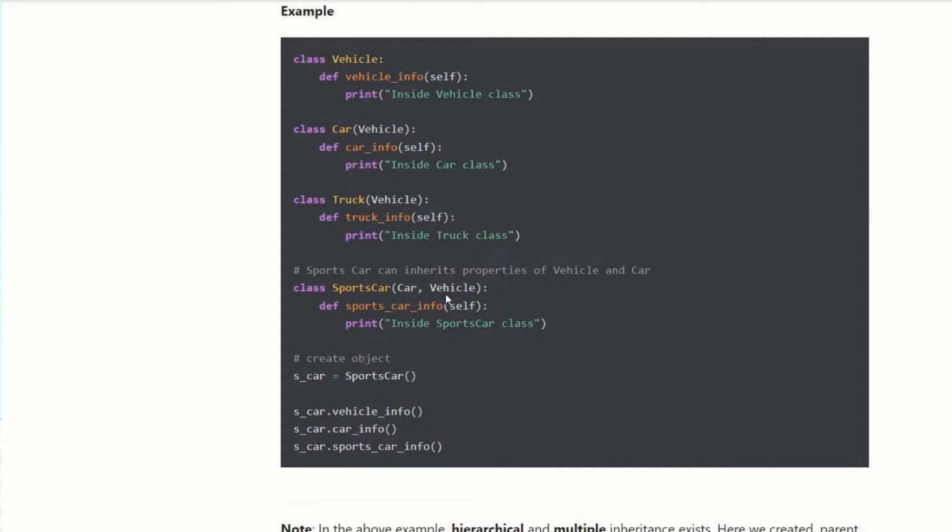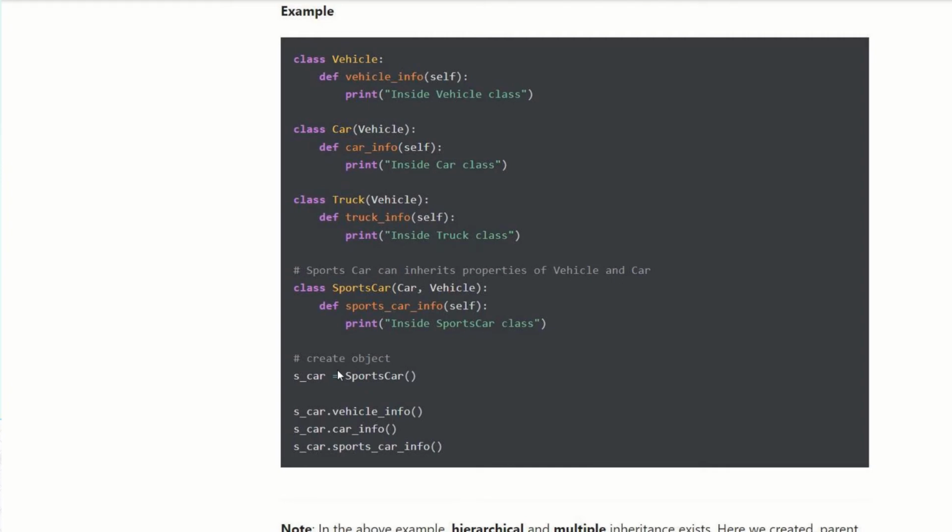This is multiple inheritance. So in this example, there is a combination of types of inheritance, which is the hierarchical and then multiple inheritance. So this type of inheritance is called hybrid inheritance. So there is a combination of types of inheritance. So see hierarchical and see multiple inheritance.